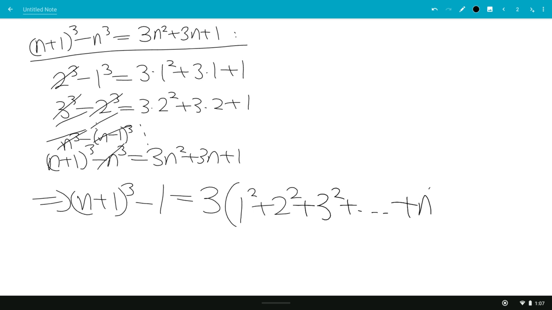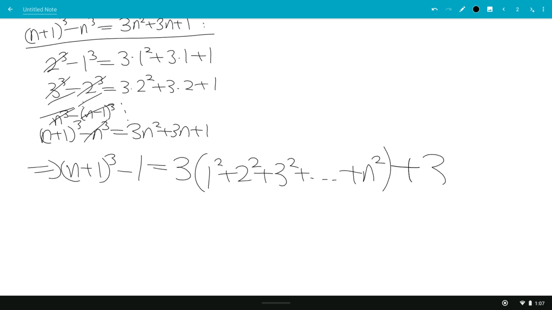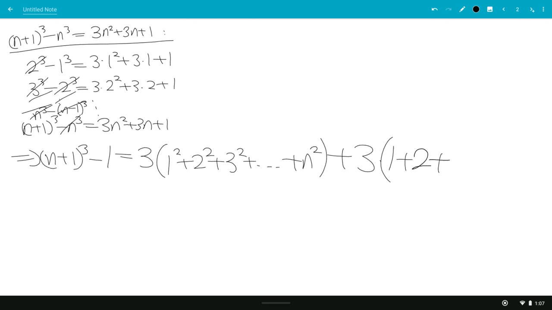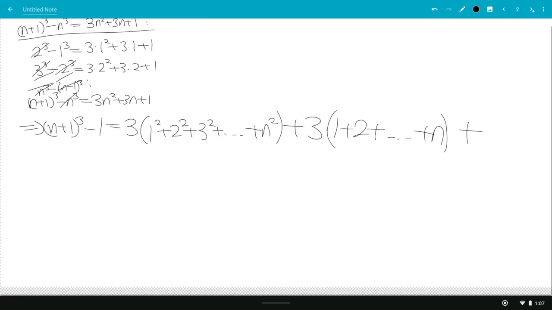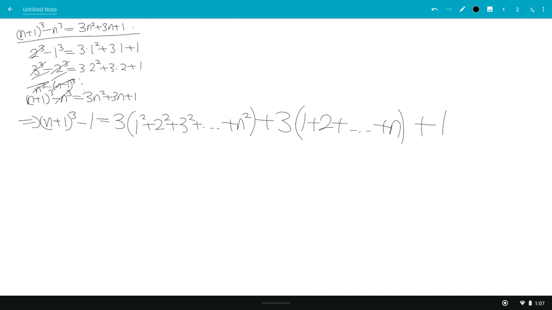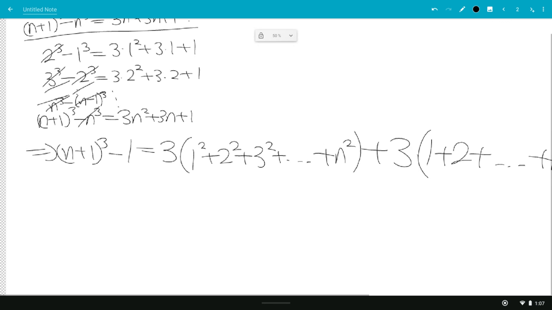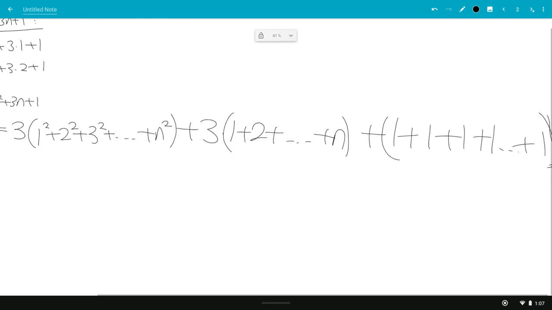... + n^2) plus 3 times, you have 1, 2, up to n, so this is just the sum of all n integers, and then plus 1 plus 1 plus 1, and this will happen n times.